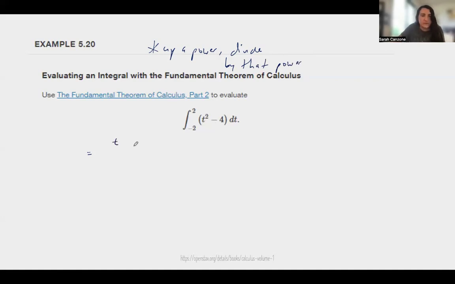So again, we always want to put our variable, put a fraction. Up a power from 2 is 3, and then we divide by 3. Minus, anytime you just have a constant, it's the same thing as saying t to the 0. And so this is the same thing as 4t, over 1 if you want. Dividing by 1 is the same thing as just saying 4t. And we don't have to put c, again, because we're now evaluating for a number.